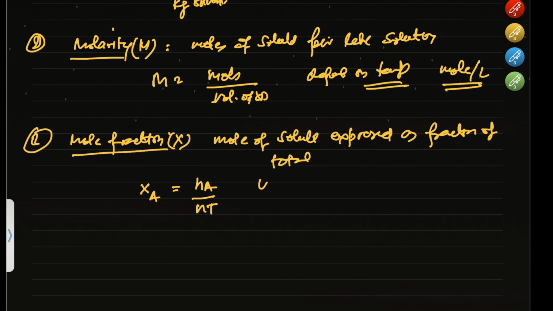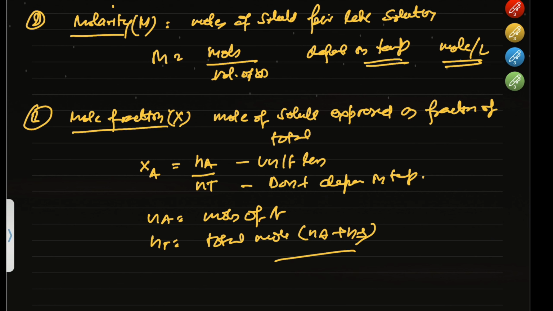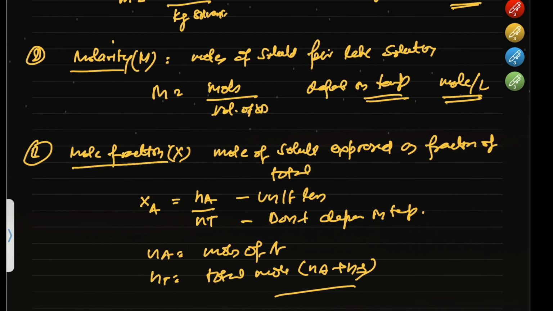It is unitless, and it does not depend on temperature. Here n is moles of A and total is moles of A plus moles of B. That's enough. For a 1 mark question, we have to write very briefly.